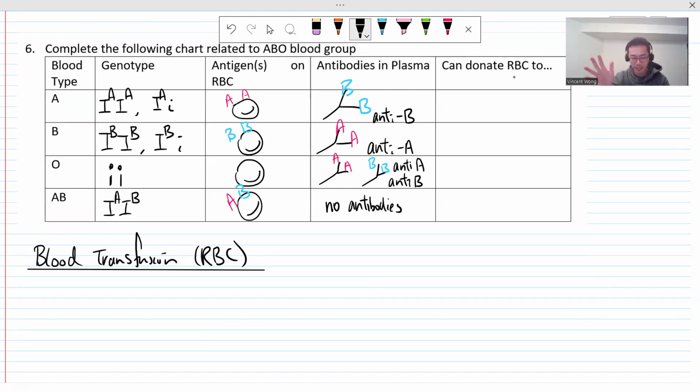So for your sake and for my sake, we are just going to stick with RBC transfusion. In reality, people will sometimes need plasma as well, but on the test, if you see a question about transfusion, you can safely assume that we are talking about red cell transfusion. Clear?